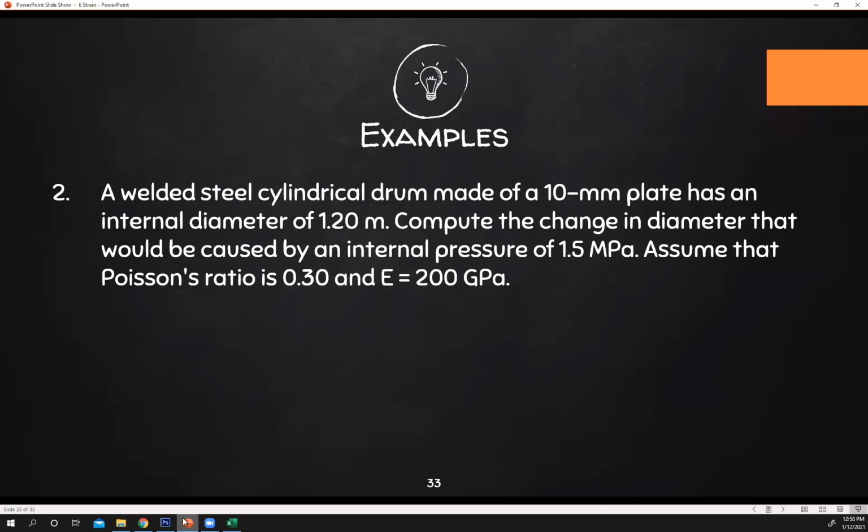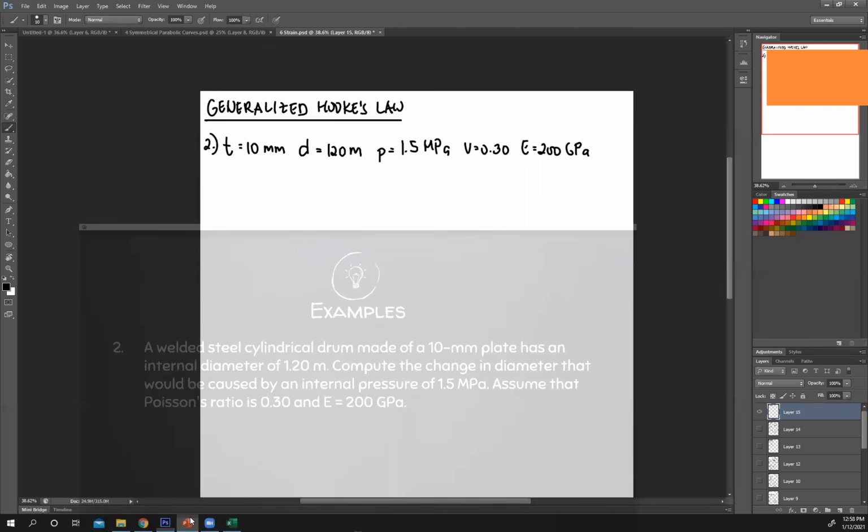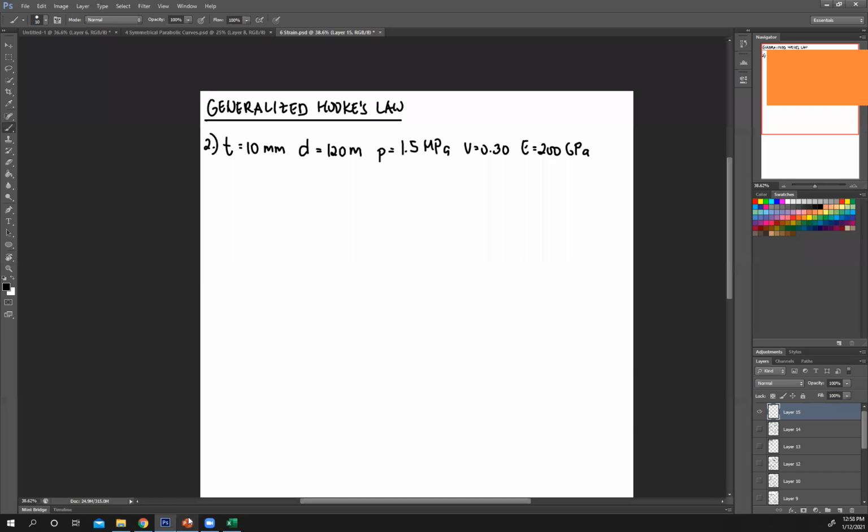Okay, what's happening? So you have a steel plate. We want to know the change in diameter caused by that internal pressure. When you have an internal pressure, you're going to have forces along more than one direction, the same way we solve for thin-walled cylinders.